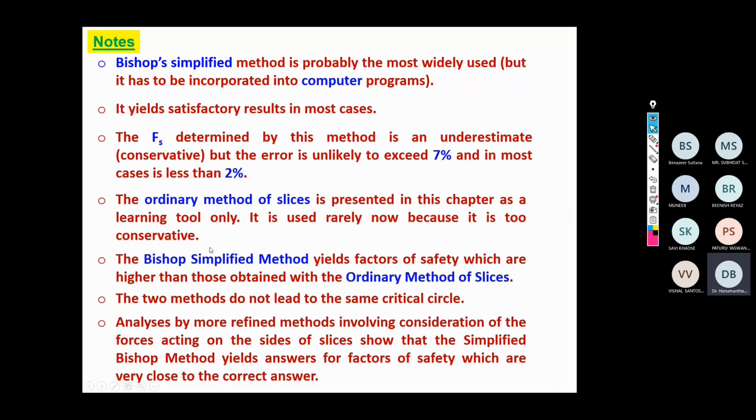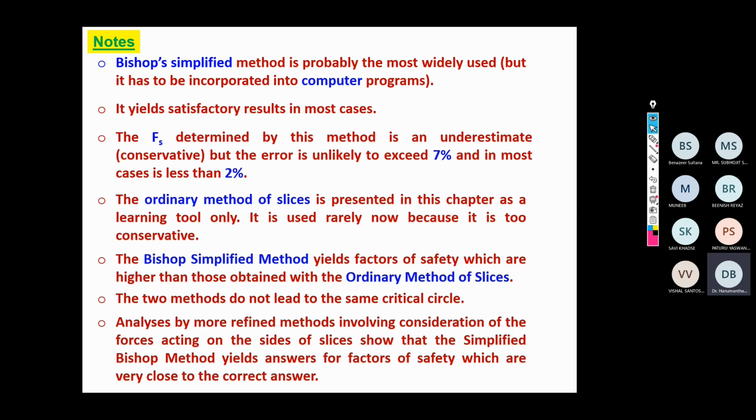So these are some important points about the Bishop's simplified method. Bishop's simplified method is probably the most widely used method. In fact, if you recall our previous discussions, after the ordinary method of the slices, the next proposed method is only the Bishop's method.